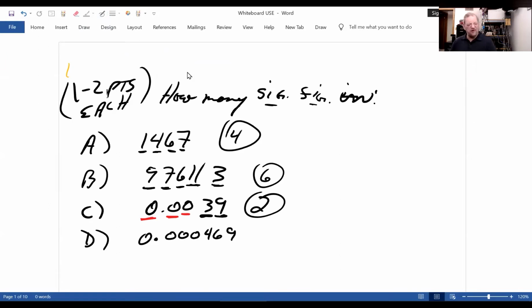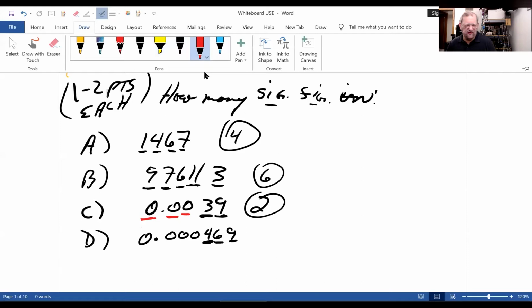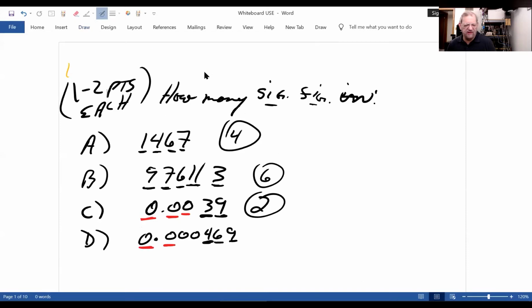And now your turn, D. How many significant figures does D have? See everybody already jumping in on chat. All right, let's do it. Now, non-zero numbers are always significant. Leading zeros are not significant.